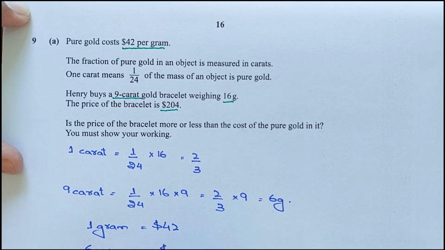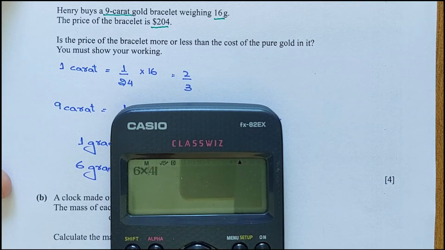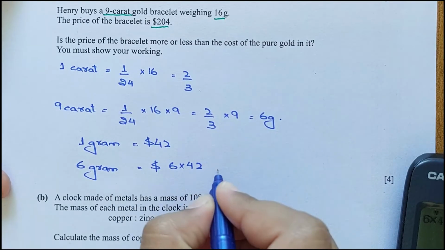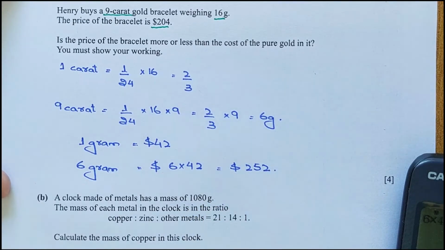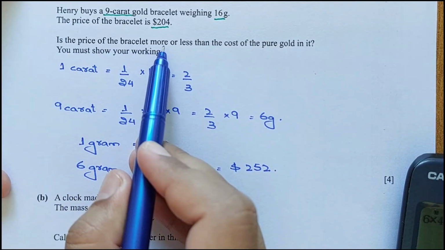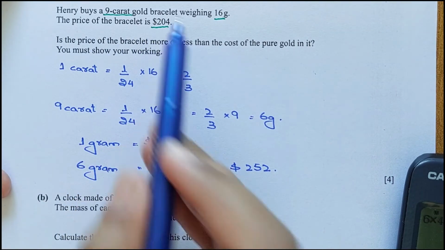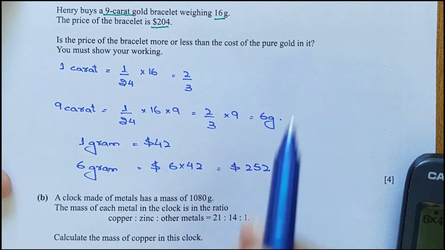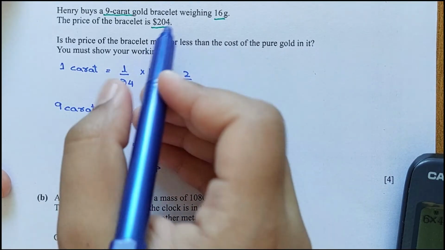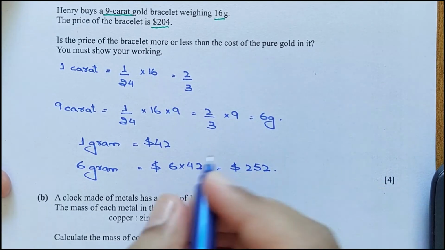Which is 6 times 42. 6 times 42 is $252, right? So is the price of the bracelet more or less? The price of the bracelet is $204 and here we have $252, the cost of the pure gold in it. So it means the price is less.